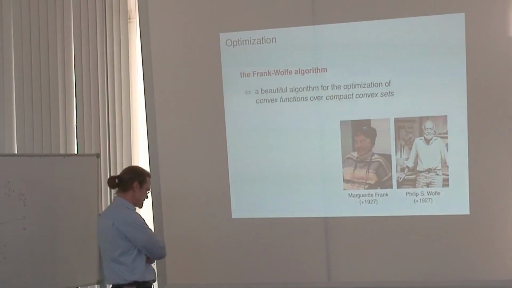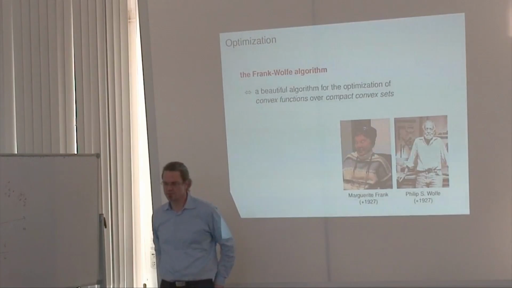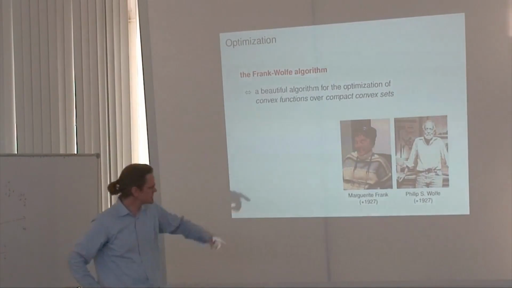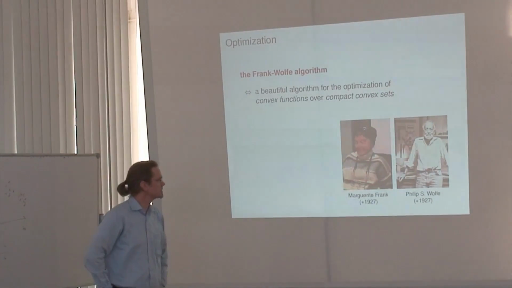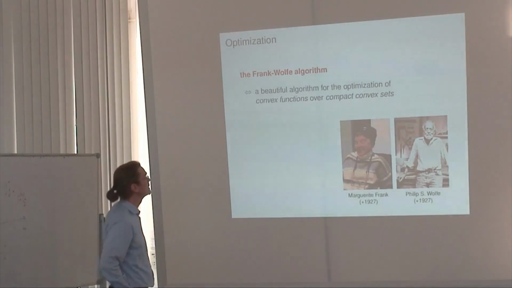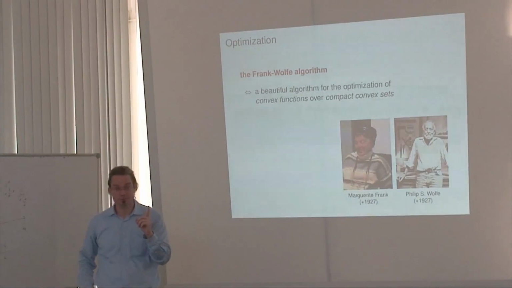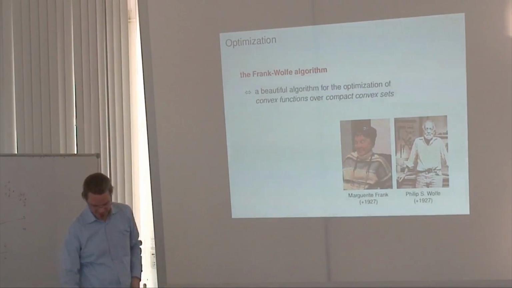And one of these things is called the Frank-Wolfe algorithm. This is Marguerite Frank, a French-American mathematician, and this is Philip Wolfe, an American mathematician, who have proposed an algorithm for the optimization of convex functions over compact, we now know what that means, compact convex sets.